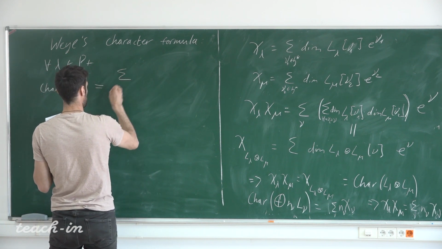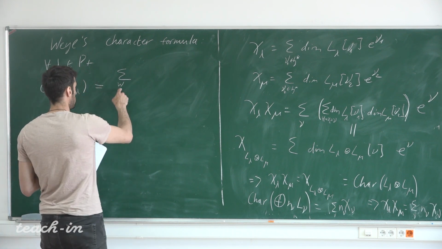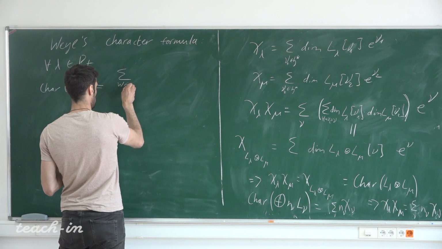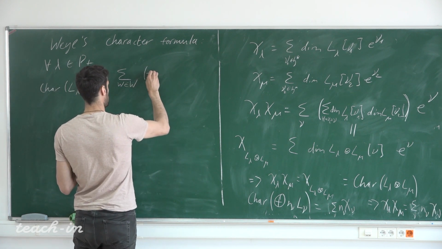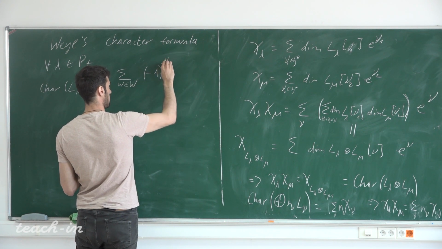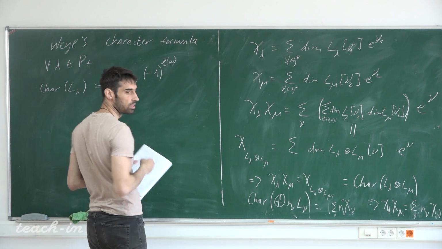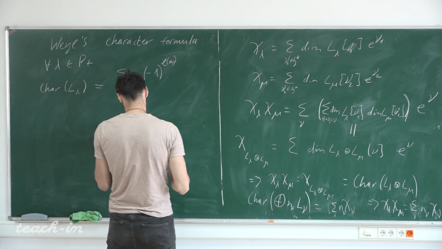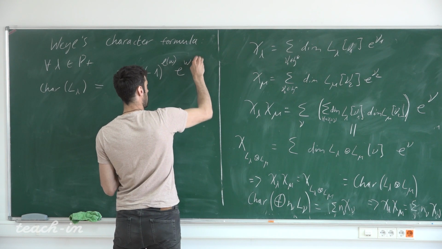It's a sum over the Weyl group, and then I have some sign that I'm going to define in a minute. It depends on the element. Then e to the w dot lambda.